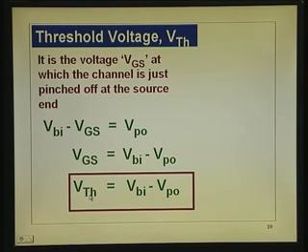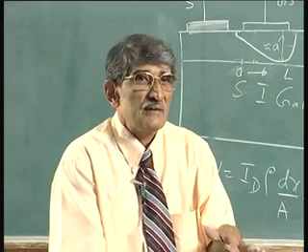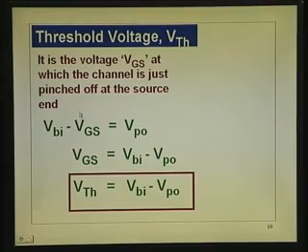So, threshold voltage is the voltage that you must apply to the gate, so that the potential drop at the source end is V p 0. Simple, remember like this, total potential drop should be equal to V p 0, and instead of writing V g s, I rewrite this equation as V g s equal to V b i minus V p 0. I put it that side and V p 0 on that side. Okay. And this voltage is the threshold voltage, that is V b i minus V p 0.